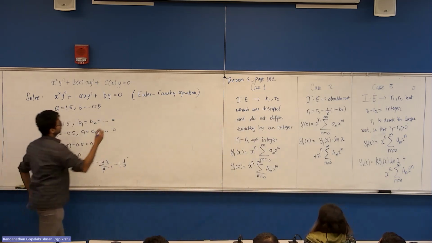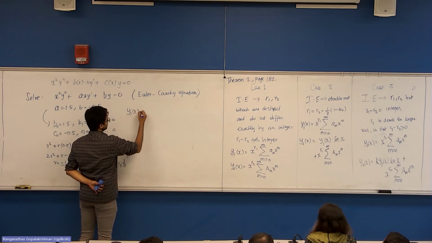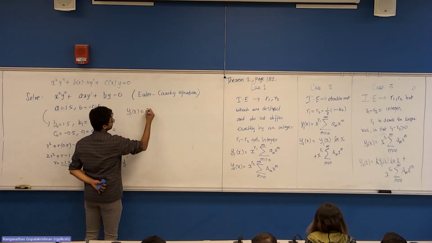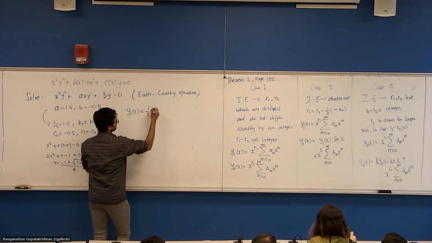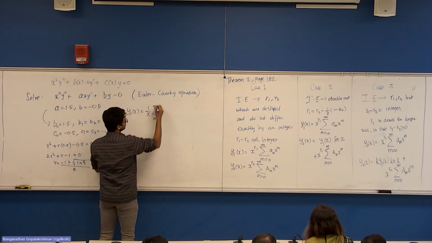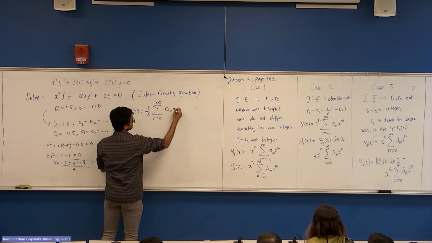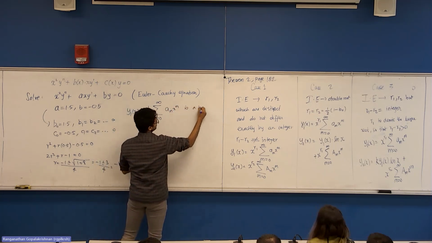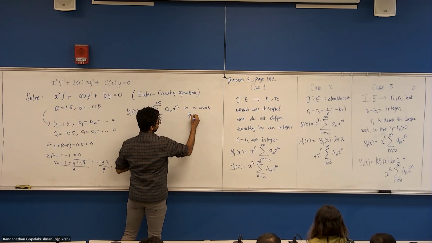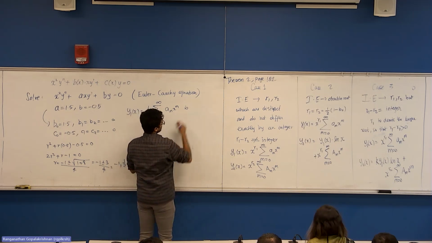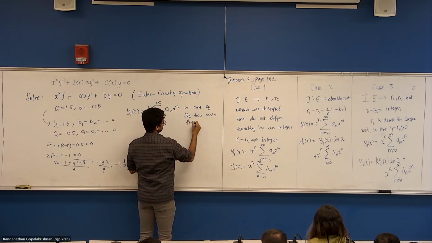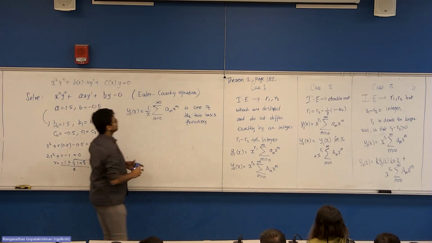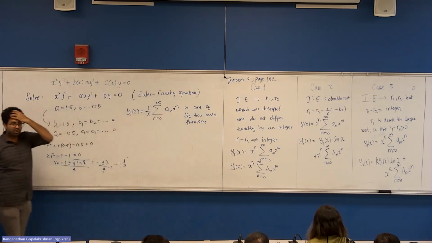So you would say y1 of x equal to x power minus 1, or I'll write it 1 over x, times the summation from m equals 0 to infinity of a_m x power m is one of the two basis functions. So that said, how do you compute the coefficients a_m?